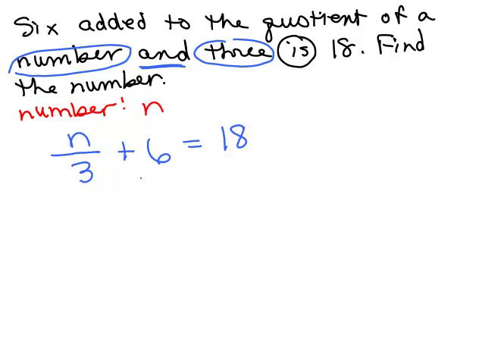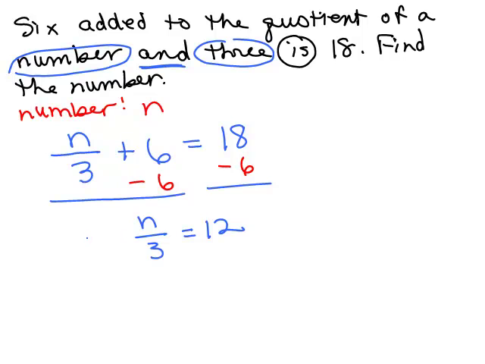Now there are different ways to solve this equation. Here's one way. We could first just isolate this n over 3 by subtracting 6 from both sides. So we have n over 3 equals 12. Now at this point you have n divided by 3. You want to undo that by multiplying by 3.